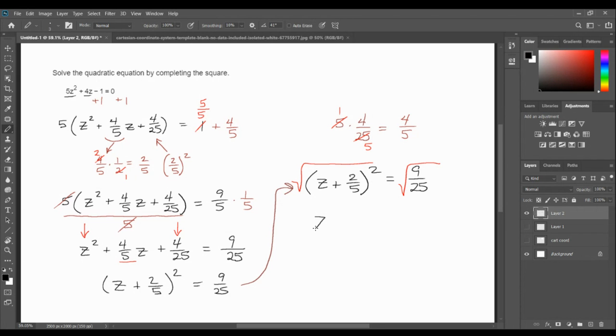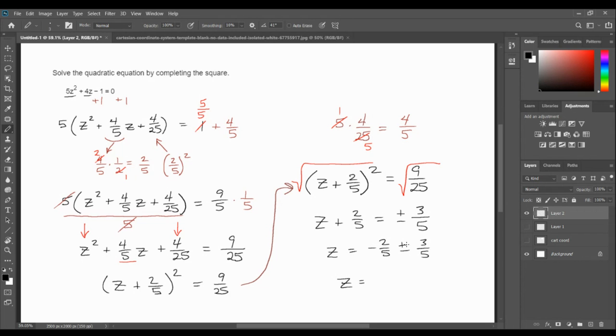And I end up with z plus 2/5 equals plus or minus, the square root of 9 is 3, the square root of 25 is 5. So now I'll subtract 2/5 from both sides. So z equals negative 2/5 plus or minus 3/5.